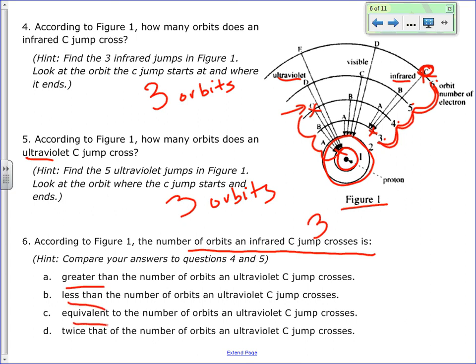Greater than, less than, equivalent to, and twice that of. The second part of each of these questions, you can just figure it out once and you got all of them. So what is the number of orbits an ultraviolet C jump crosses? It's 3 again, which means that 3 and 3 are equivalent. Fantastic. All right, since 3 is equal to 3, they are equivalent to one another.